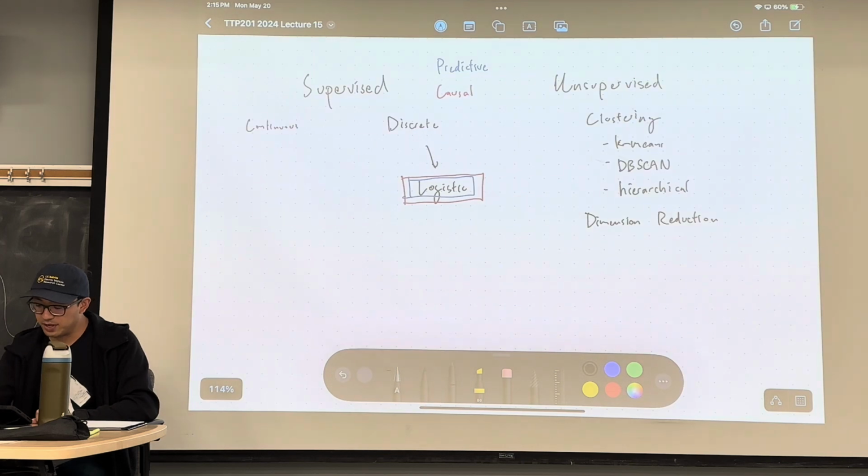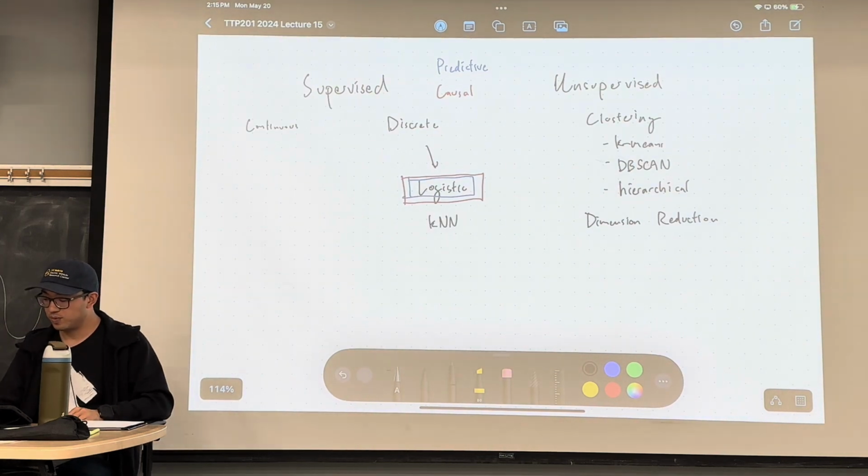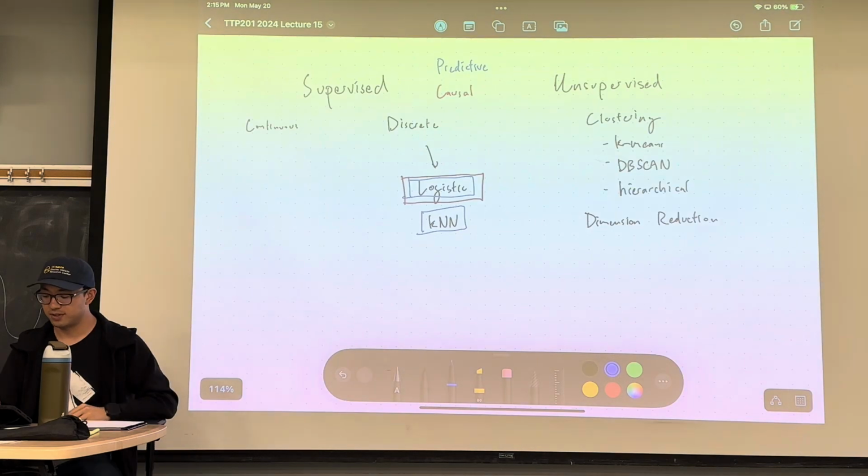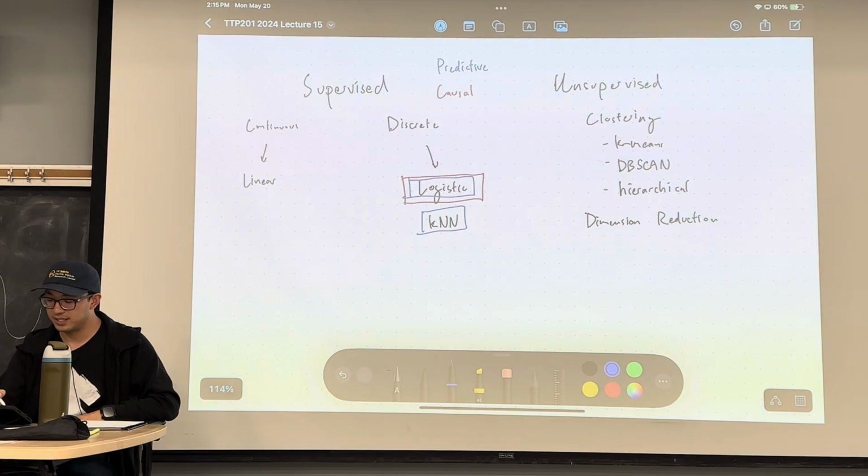What else did we talk about here? Something like KNN, and this would definitely fall more on the side of thinking about predictive models. Okay. For continuous, we've talked about linear models. Again, this is the analog to the logistic.